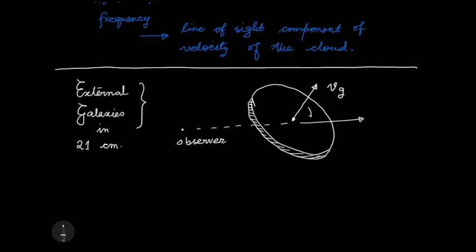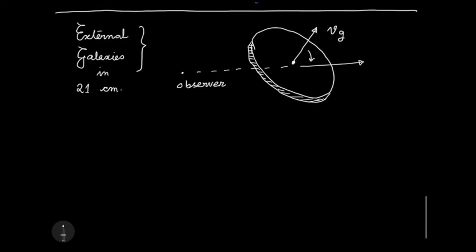Now this galaxy may be having a velocity in this direction. Okay, so let's call this Vg. And it has a component along the line of sight. So I will be able to measure that line of sight component of the galactic velocity. Line of sight, let us write LOS.